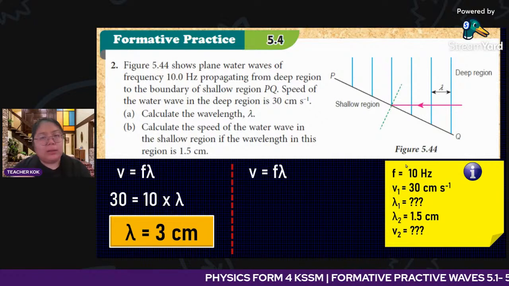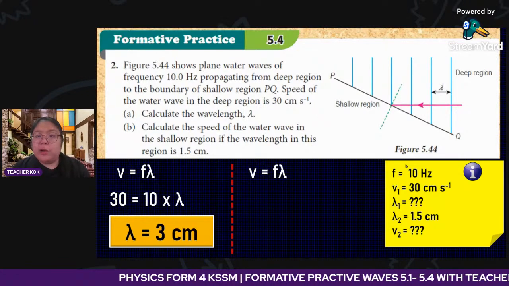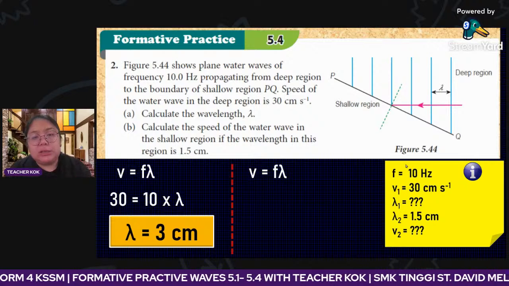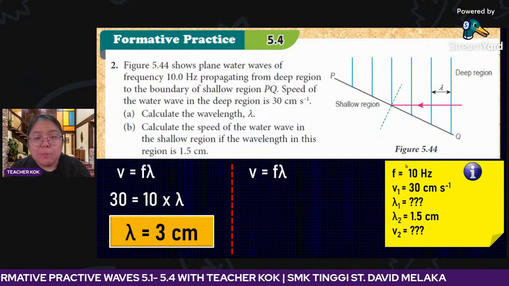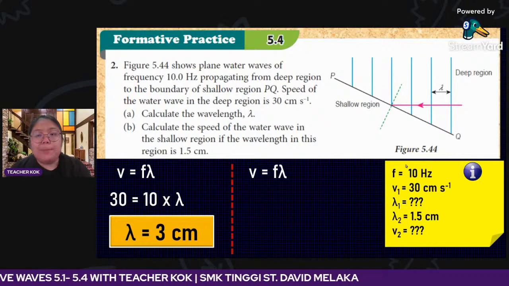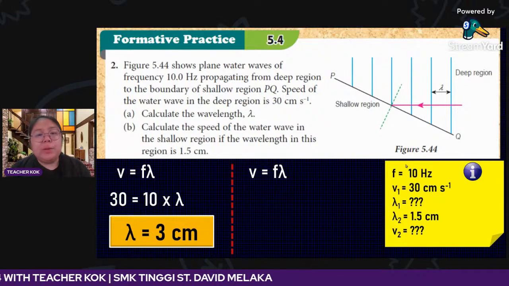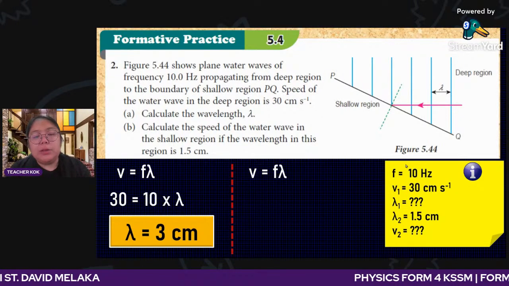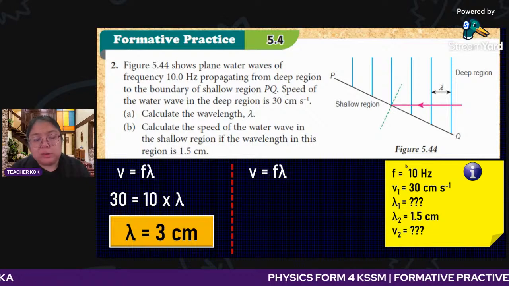I don't care whether you are deep or shallow, when the liquid passes through, the frequency has no change because the waves come from the same source. For example, this one from the ripple tank, from the same motor, the vibration is the same. So that means the frequency is always constant.